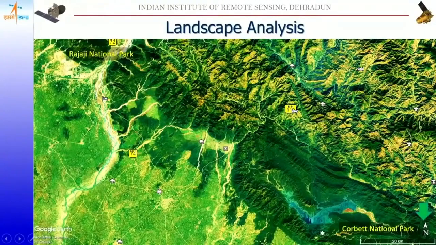So you can see here there is no functional corridor existing in this part because of the linear infrastructure development and also the encroachment of the habitat and the conversion of the forest into agriculture area. So we will come later on to this example also.